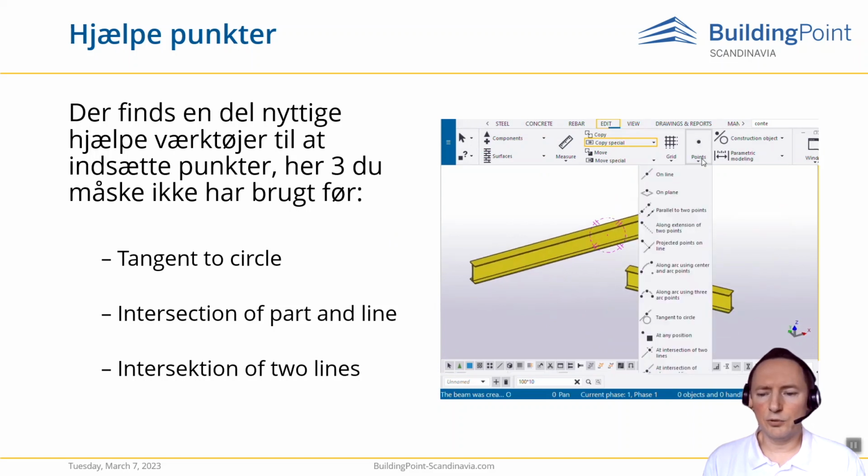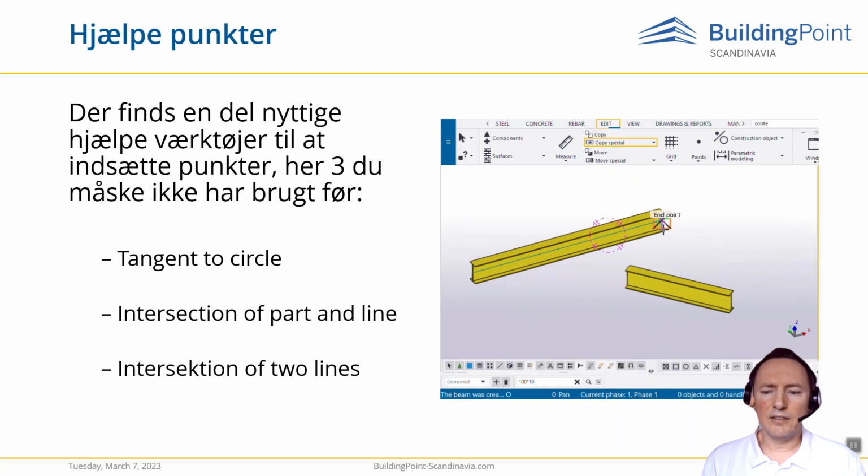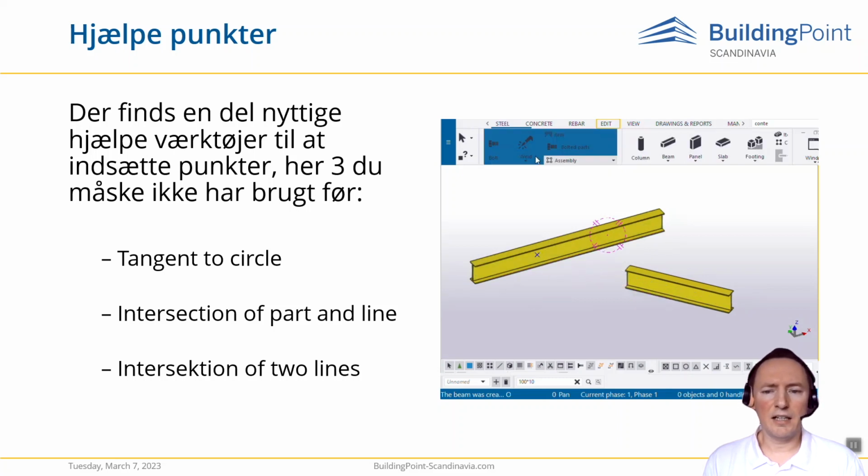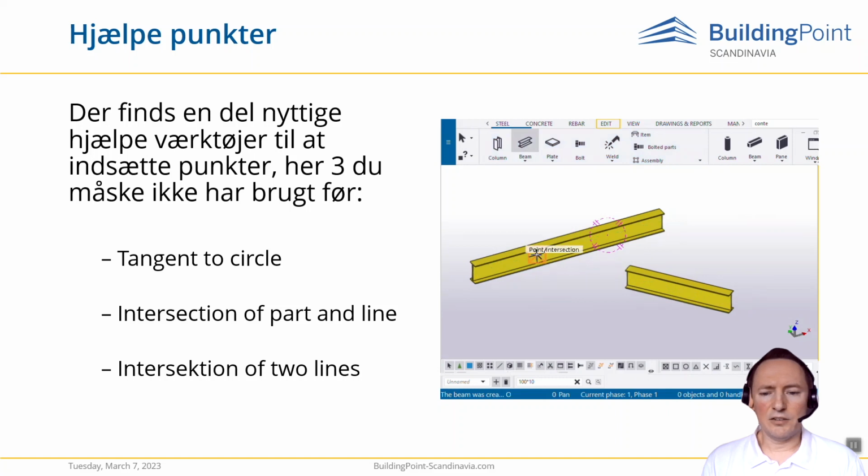So I start the tool again, and I hit the one beam line and the other beams line. And this time I get a point on the other beams because it's actually there they are intersecting each other. So, and I can build a beam from that point to the end of the beam. So we can see there that is correct.